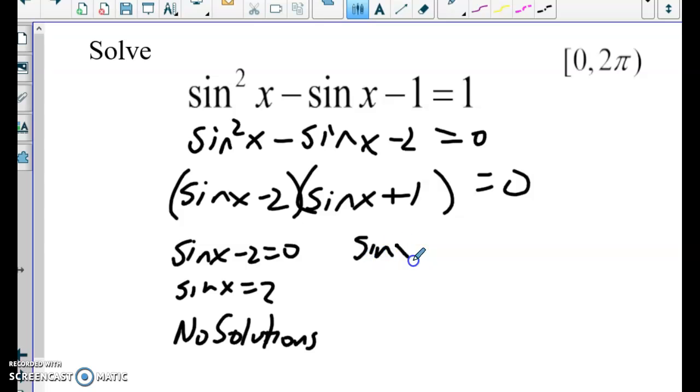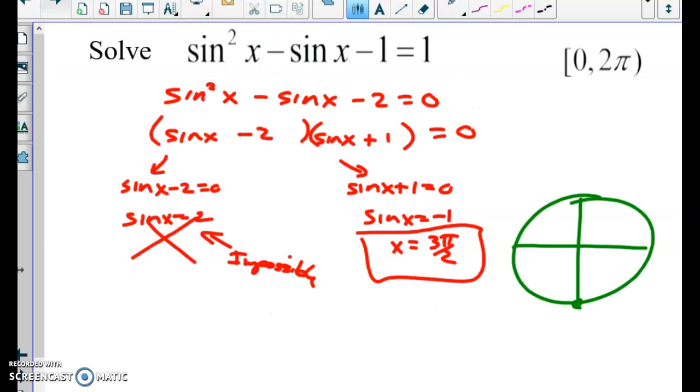Over here, I know that the sine of x is equal to negative 1. Sine is the y, and that's equal at square root of 3 over 2. So we had a possibility of 4 answers with the square in there, and yet we only got 1. Hey, look at that, same answer.